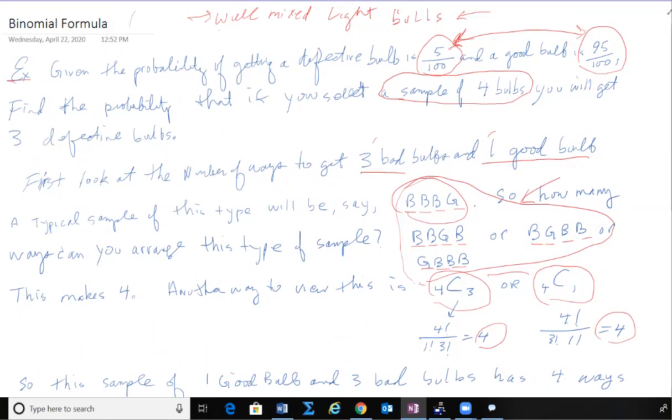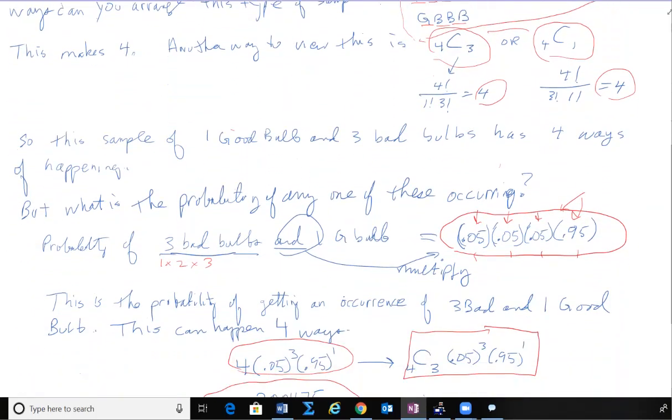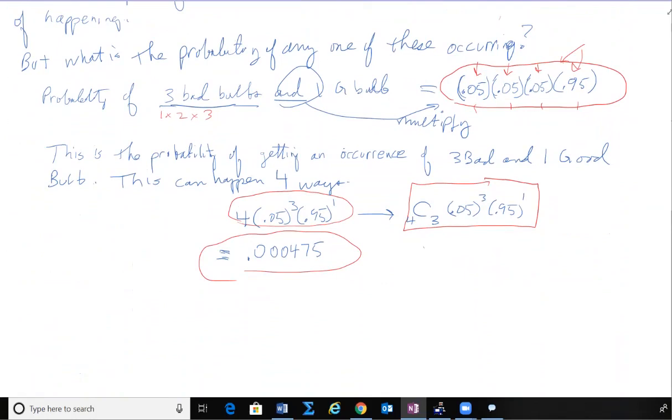If these probabilities are to be believed, the ones that we were given by the quality control people, then for something like this to happen would have this probability of occurring.